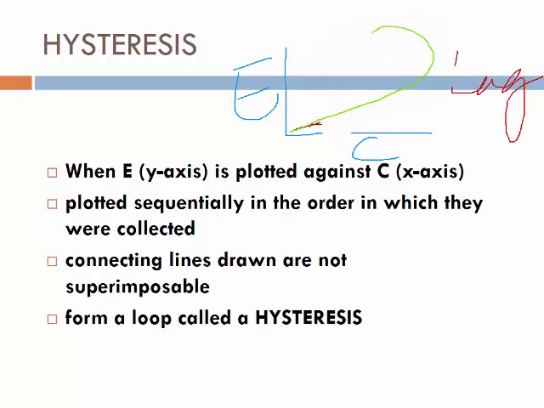Now the effect starts to fall as the concentration falls. So there's a lag. As the concentration is starting to fall, the effect is still increasing. One thing I also want you to notice is the direction of this loop that is formed. It's counterclockwise.